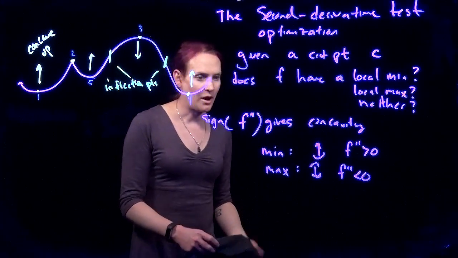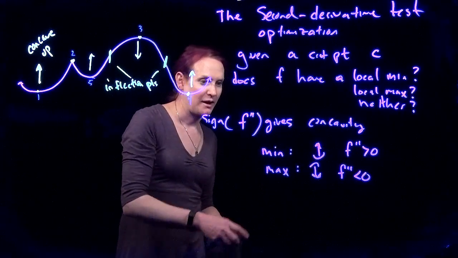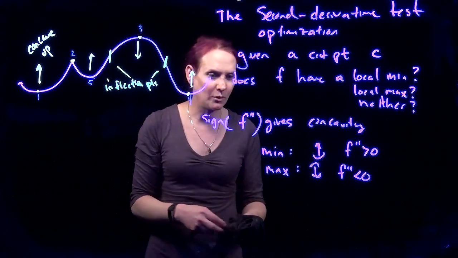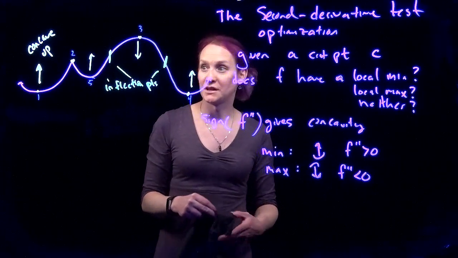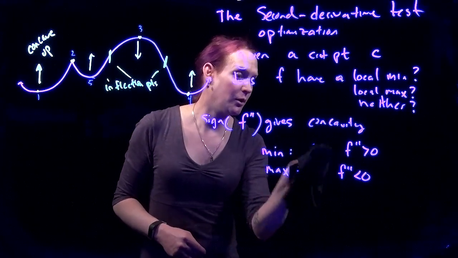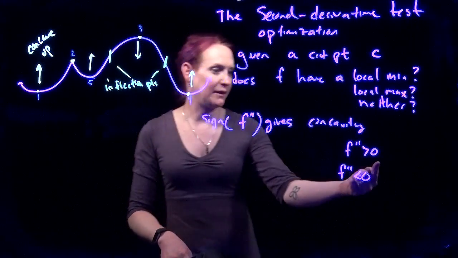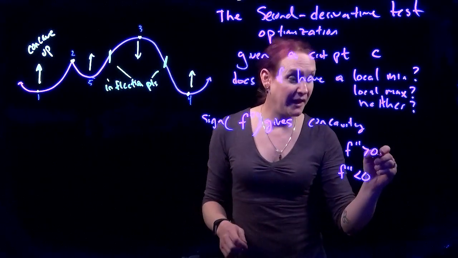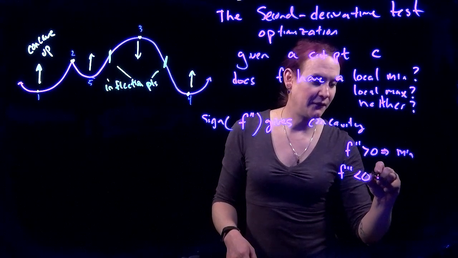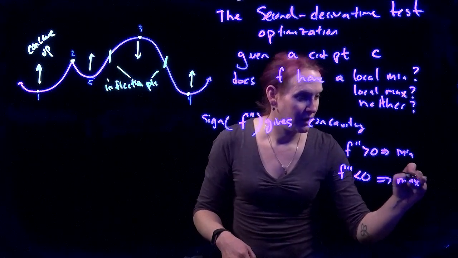Okay, so where the function has a minimum, it's going to be concave up, and where a maximum is, it's going to be concave down, except that that's not always true. The implication is the other direction. That is to say that if I know that my concavity at my critical point is up, then I have a min, and if it's concave down, then I have a max.